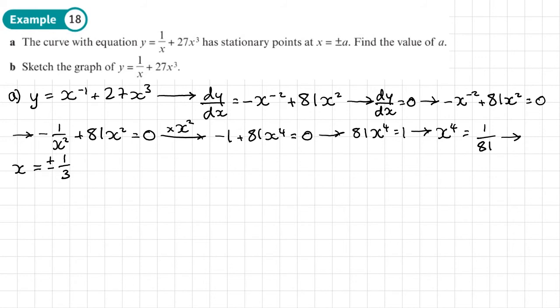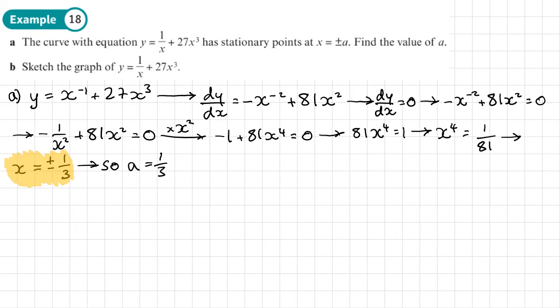So we found the value of a. It doesn't ask us to find the coordinates at this point. It's just asking us to find the value of a, and that's plus or minus, well, a is a third. So we'll just write that down. Let's answer the question properly. So a is a third.